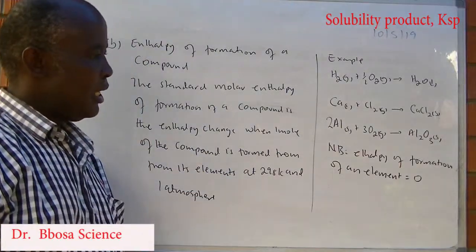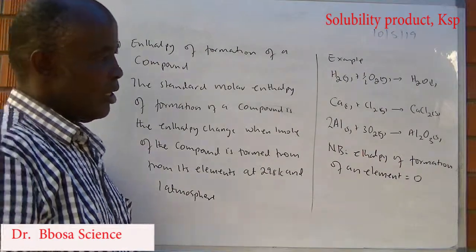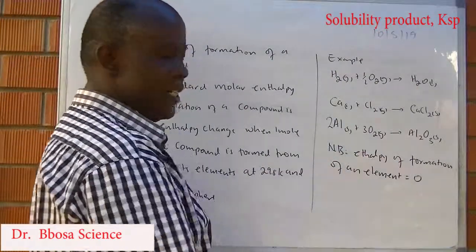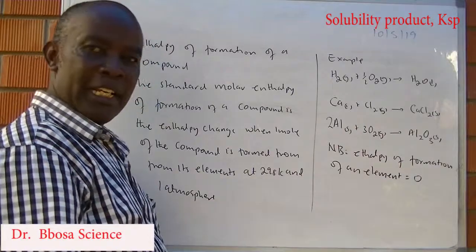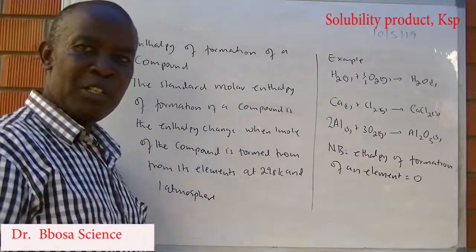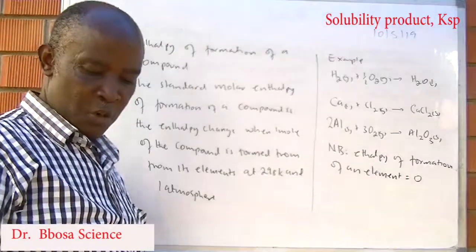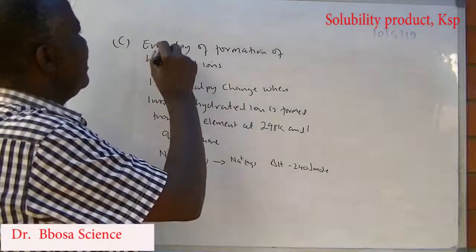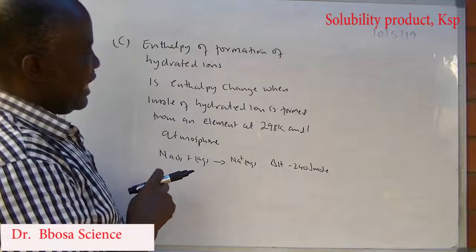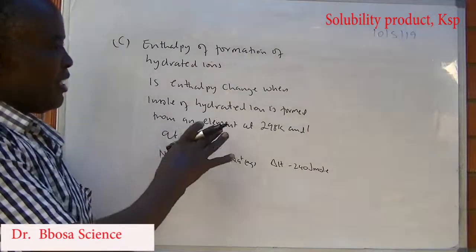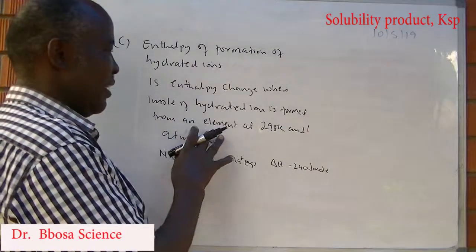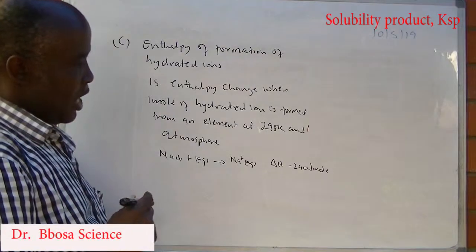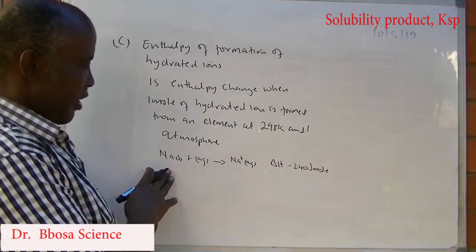Note, the enthalpy of formation of an element at 298 K and 1 atmosphere is 0. C, enthalpy of formation of aqueous ions is the enthalpy change when 1 mole of aqueous ion is formed from an element at 298 K and 1 atmosphere.